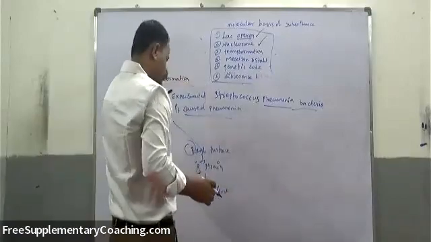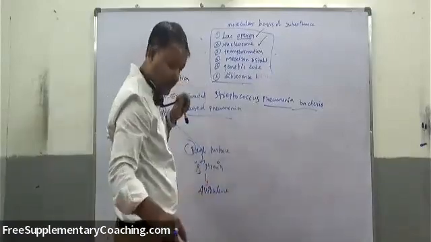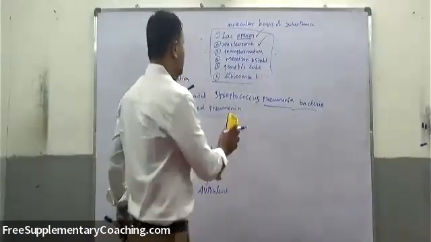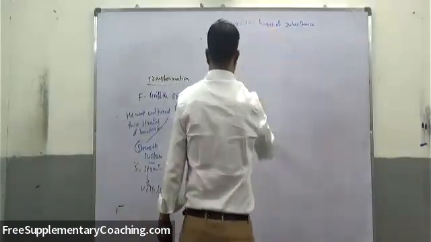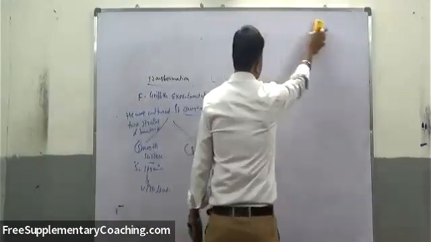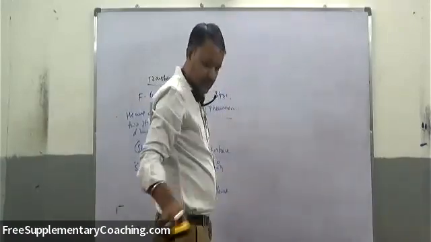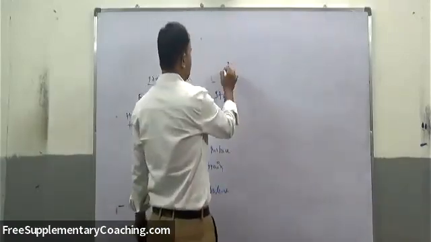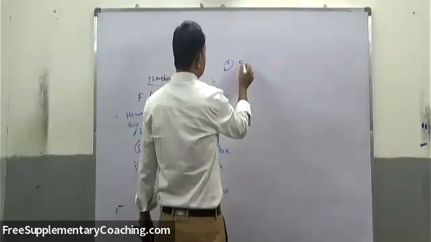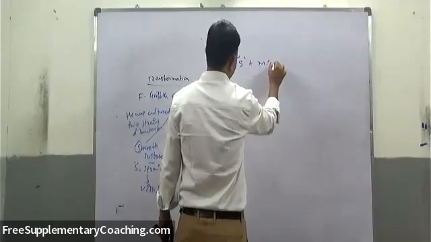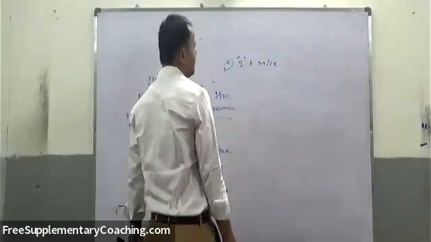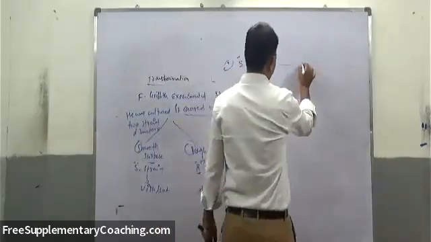Now we can explain this in four steps. Step 1: S strain bacteria are injected into the mice. What happened? The mice will die.